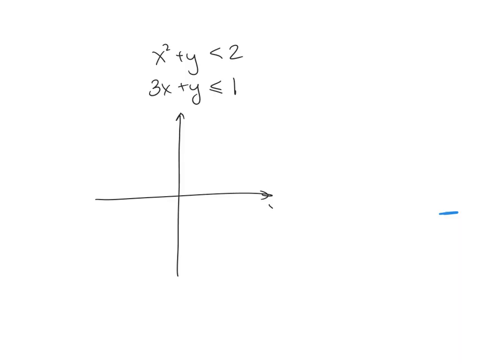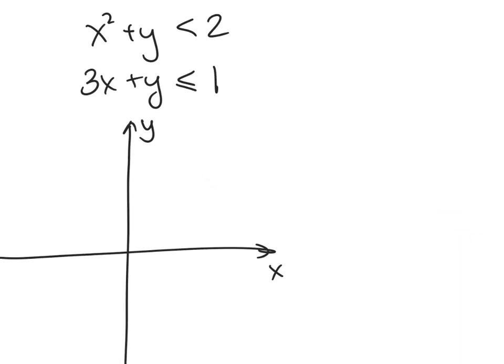We are also going to do another one, which is x squared plus y less than or equal to 2, and 3x plus y less than or equal to 1. To sketch this, I'm going to start with x squared plus y. Over here, again, I'm going to draw my axes, x and y.